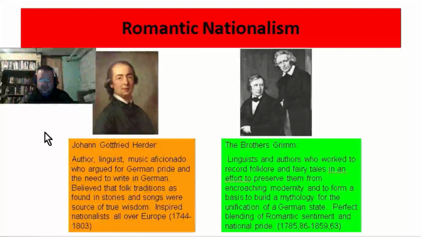German speakers, in particular, were divided among numerous principalities in what had been the Holy Roman Empire, as well as outside states like Habsburg Austria, Switzerland. And Germans were scattered in small settlements across Central, Southern, and Eastern Europe, all the way to the Volga River in Russia.